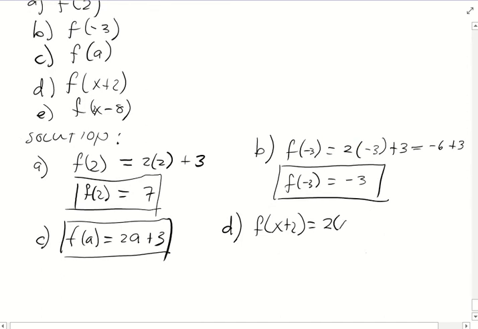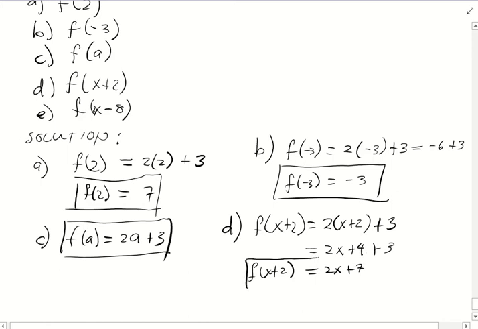So this will be 2 times x plus 2, then we continue, plus 3. Simplify further, so this will be 2x plus 4, 2 times 2, 4, plus 3. So therefore, f of x plus 2 will be equal to 2x plus 4 plus 3, or 7. So f of x plus 2 is 2x plus 7.